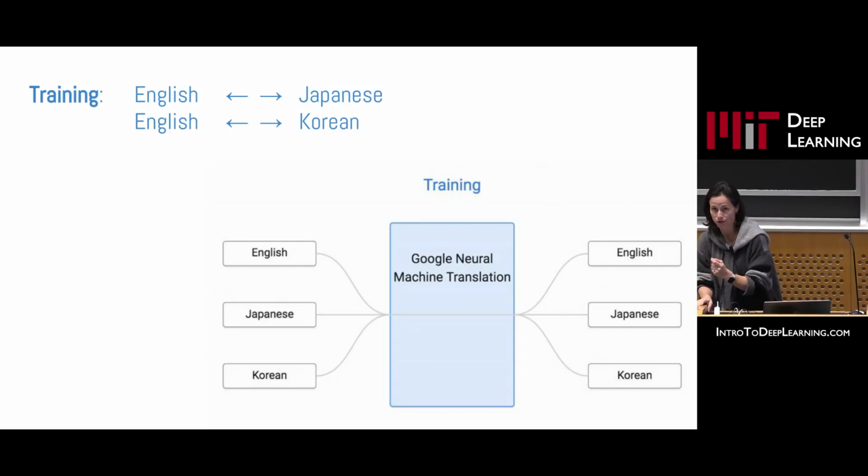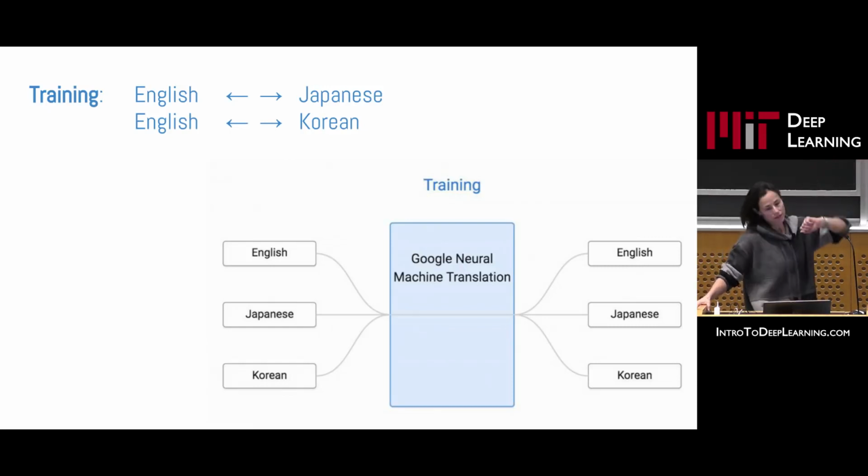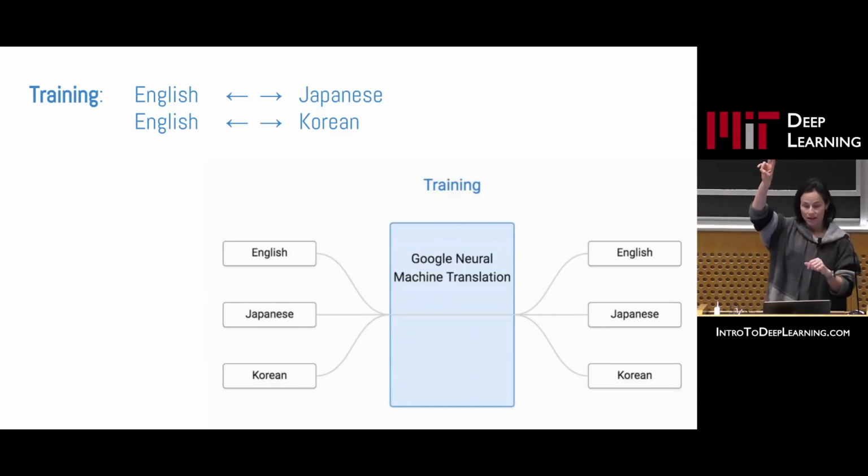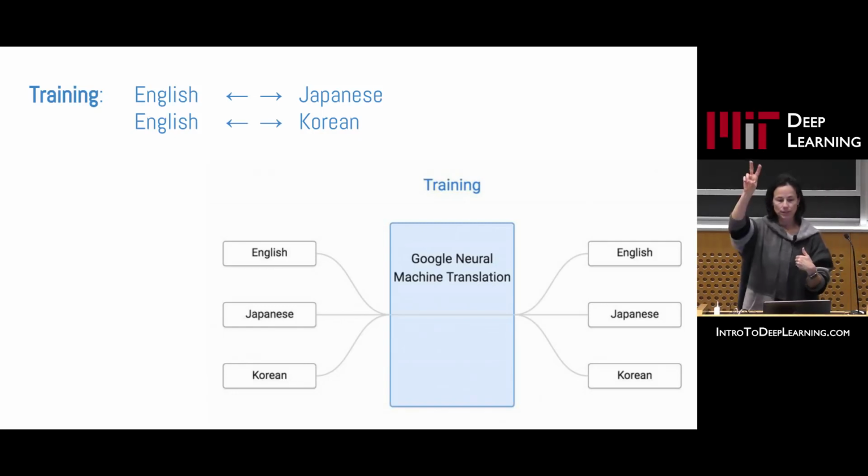There's another thing that was interesting in what these systems were doing. Somehow they were able to do what we call zero-shot translation. What that means is that imagine I have a system that is ingesting a bunch of sentences that translate between English and Japanese, Japanese and English, and it's also ingesting a bunch of sentences that translate between English and Korean and back and forth.